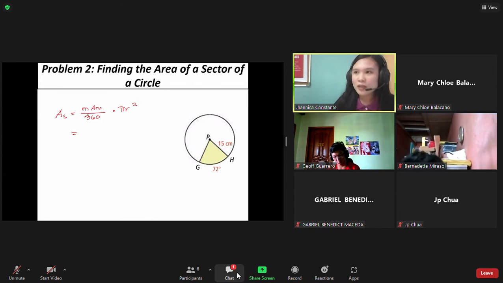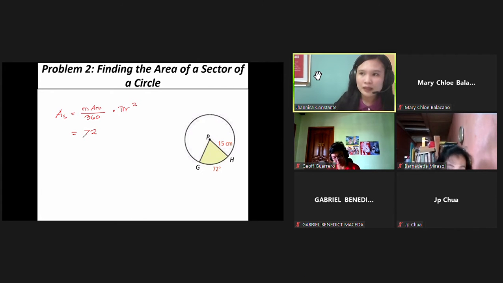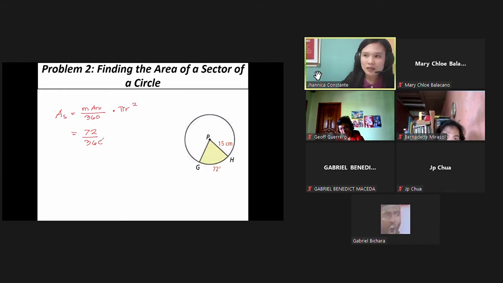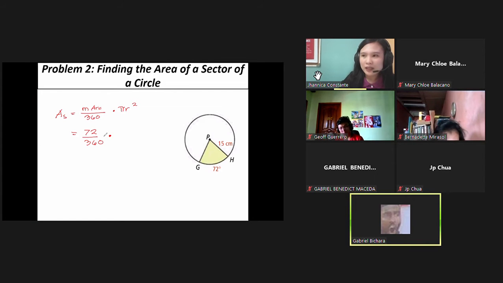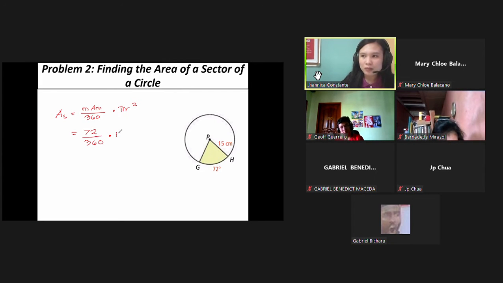So the measurement of the arc is 72 divided by 360 multiplied by the exact value of pi times the radius, which is 15 centimeters squared.